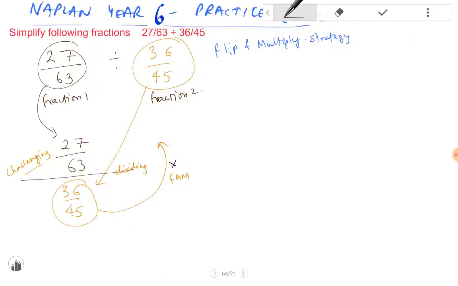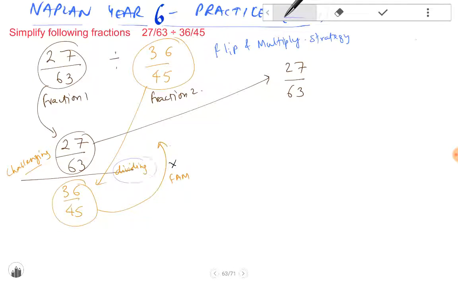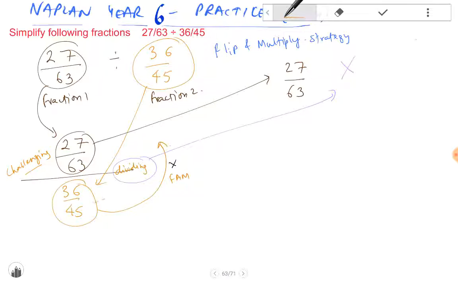So the top portion of the fraction will remain as it is. This division sign will then become multiplication, and this fraction here will be flipped, so it will become 45 over 36.